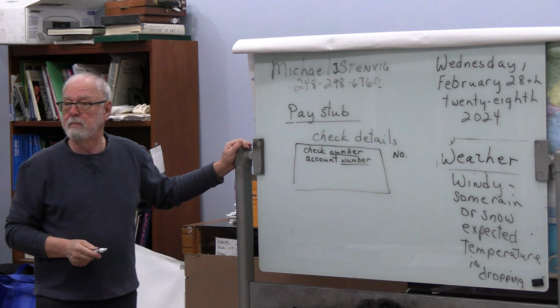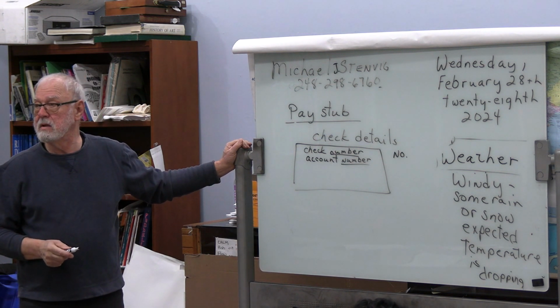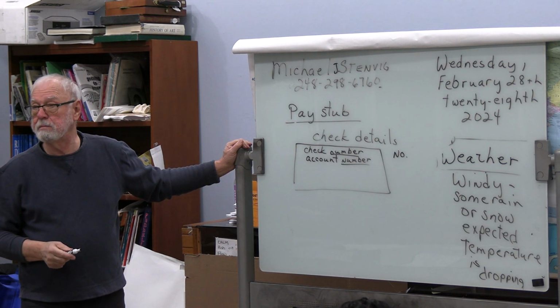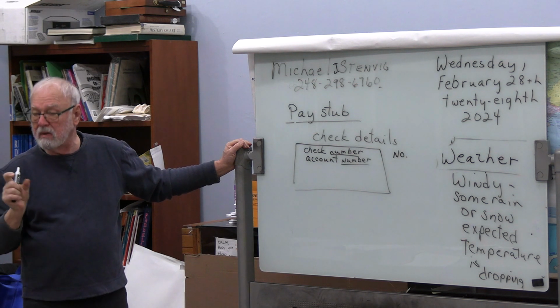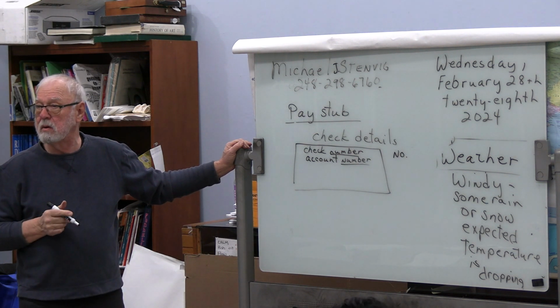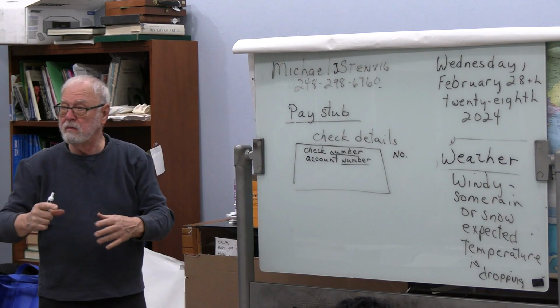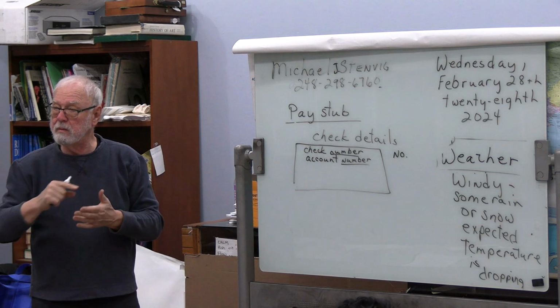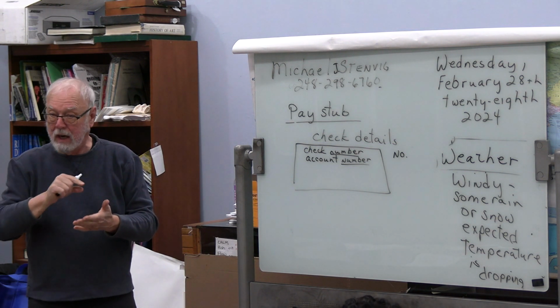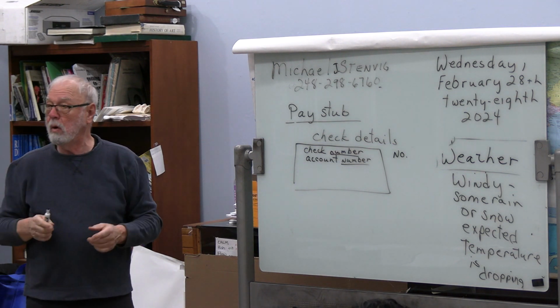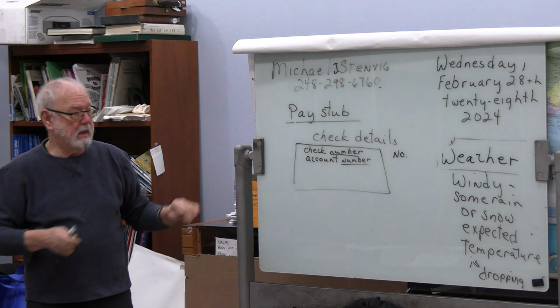N-O. Usually that's because they want to abbreviate it to make it short. So if it says account NO, then you find on the information where it says account number, and that's what that is.